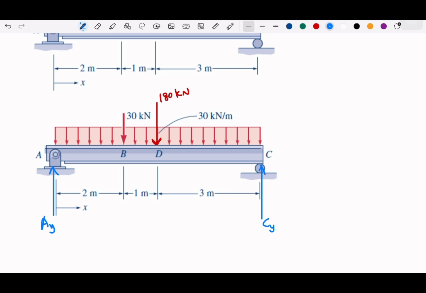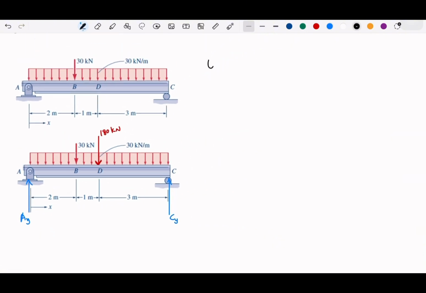Because at the end of the day, this vertical axis will be our focus, because we want to confirm the shear and the moment, which are basically affected by the force on the vertical axis, right? So what should we do next? Taking the equilibrium.